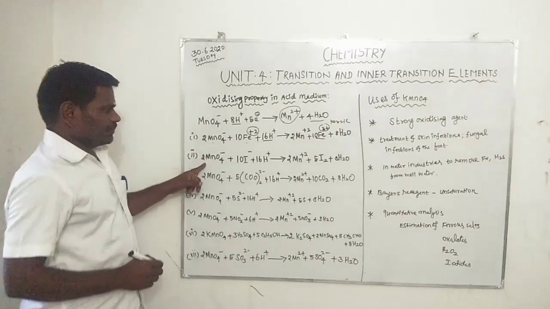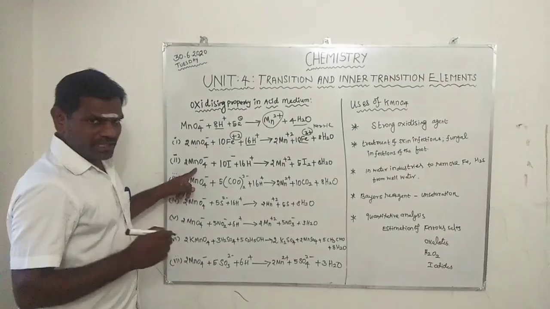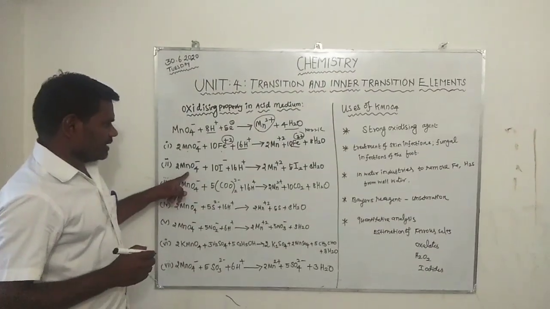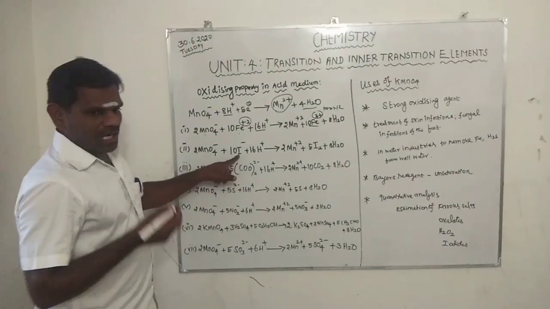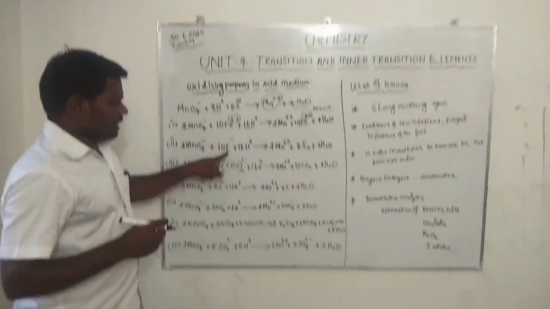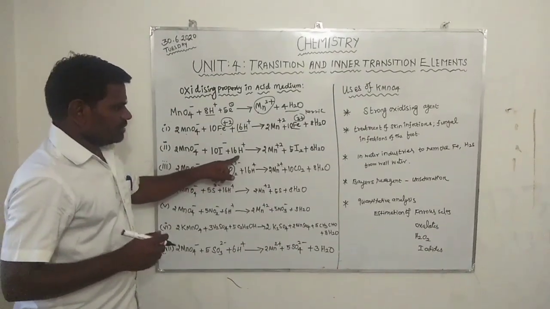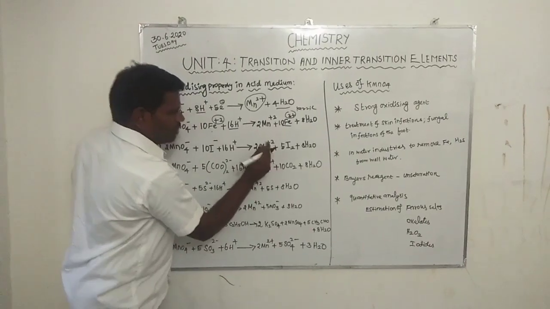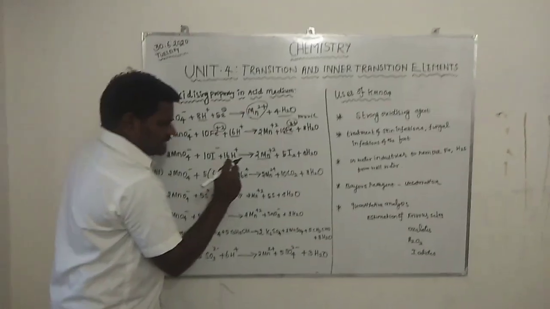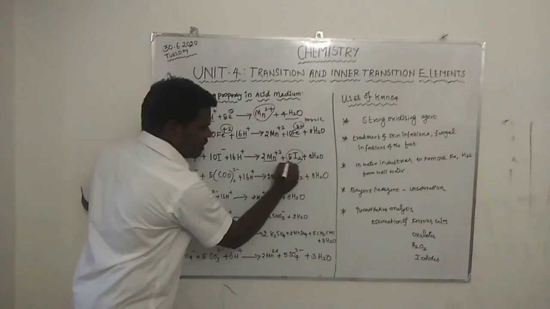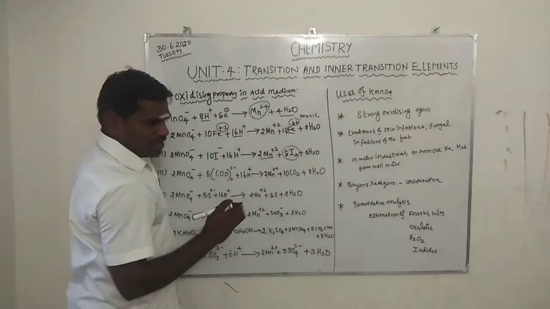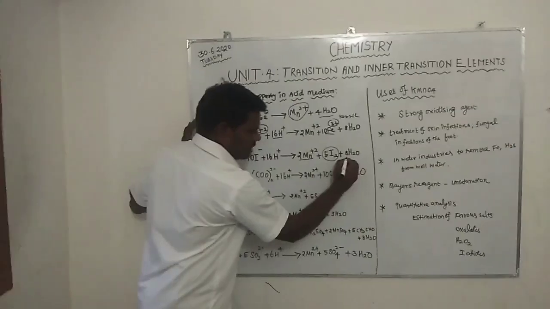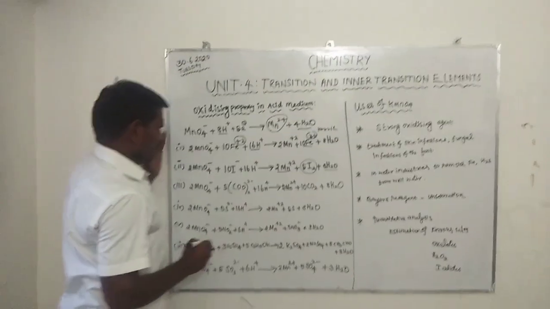The next, same potassium permanganate ion is treated with iodide ion in acid medium and is converted into 2 moles of Mn2 plus and iodine molecule, 5 moles of iodine molecule, with 8 moles of H2O.